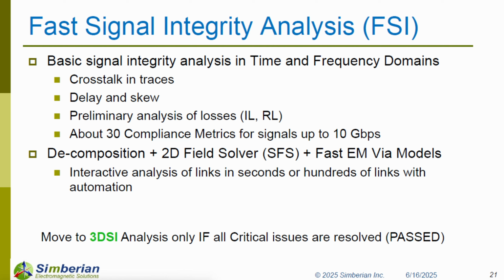It includes about 30 compliance metrics for signals up to 10 gigabit per second. It uses decomposition analysis with a two-dimensional field solver for transmission lines and fast electromagnetic models of vias. So again, this runs very fast, and hundreds of links can be analyzed with this type of analysis.